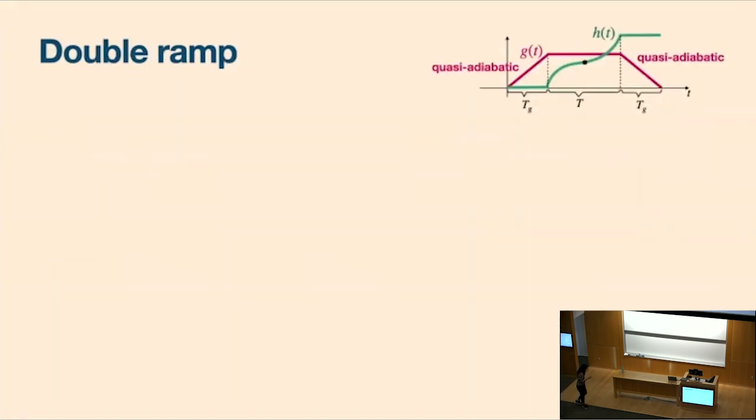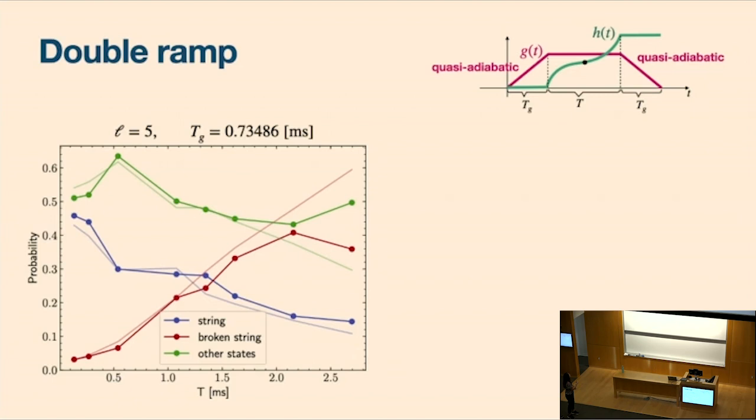Okay, so to give a more quantitative estimate of this, we tried the following protocol. We did the same as before, but now we turn off the transverse field. In this way, we can map the string state and the broken string state to the all up and all down states.